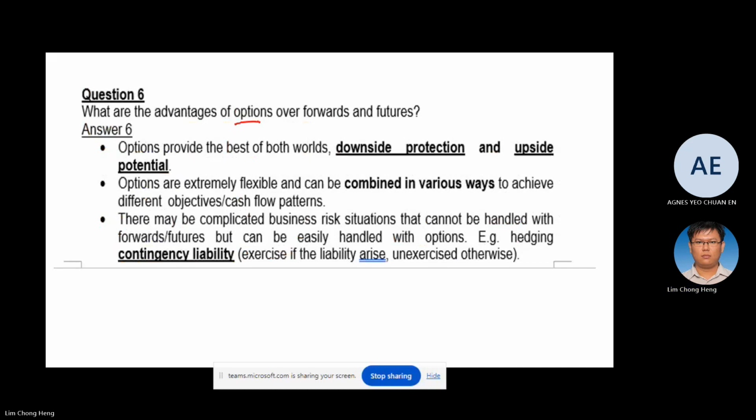A very good description for the option is downside protection, upside potential. Downside protection means the maximum you lose is your premium only. You can still enjoy unlimited profit in the future.